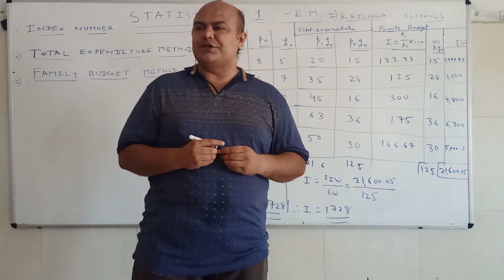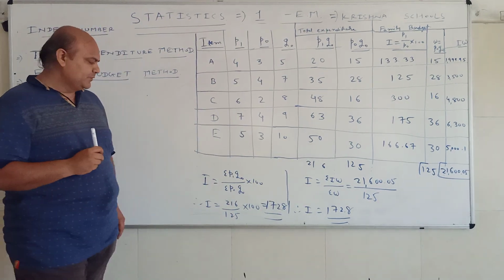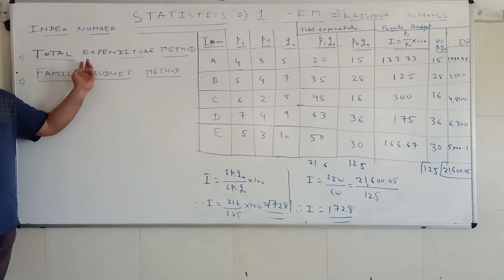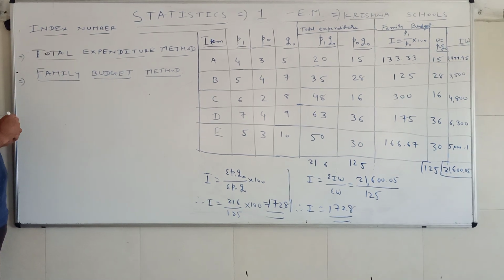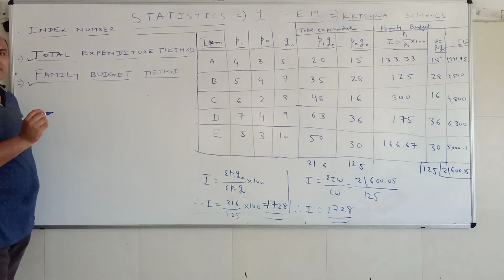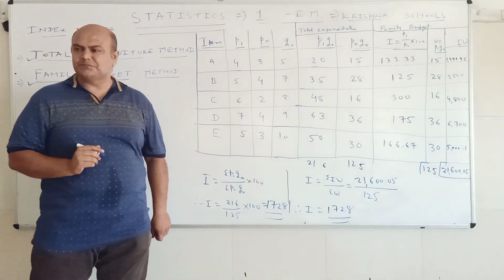In today's video lecture, we have to study two methods. The name of the method is total expenditure method and family budget index number method.